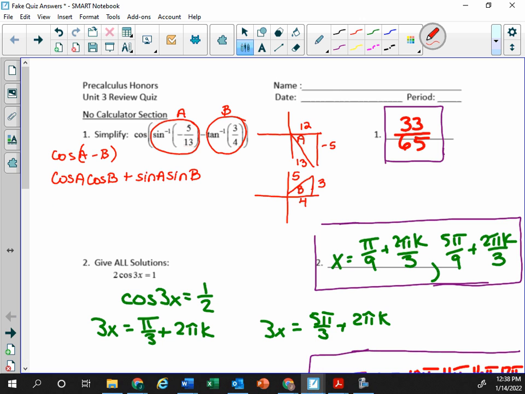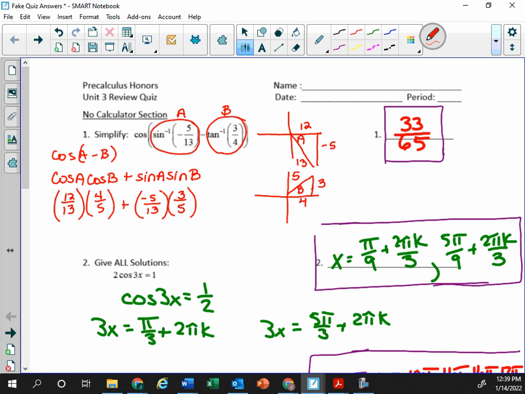So cosine of A, that's 12 over 13. Cosine of B is 4 over 5. Sine of A is negative 5 over 13. Sine of B is 3 over 5. Are we okay at that point, guys? Like, you're good with where those are all coming from?